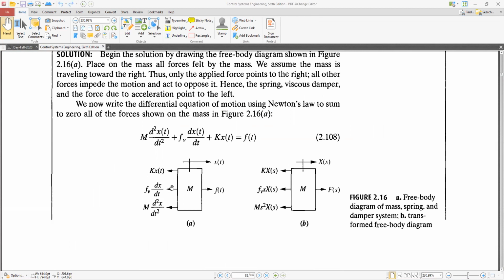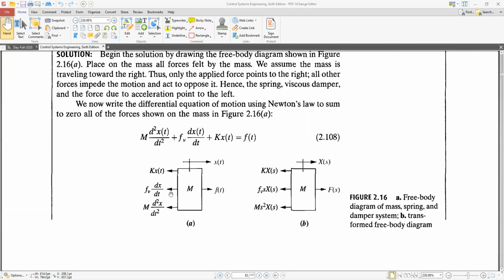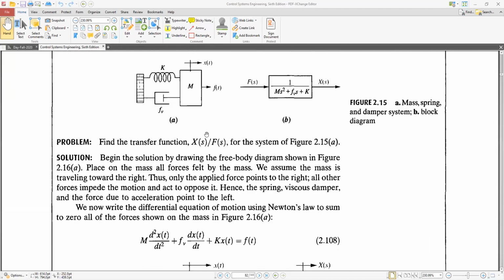So k x(t) is for the spring, and fv d/dt of x is for the damper. But there is another force opposite to this f(t), that is the mass, because according to inertia, Newton's law of motion, the system or the object will try to stay as it is.